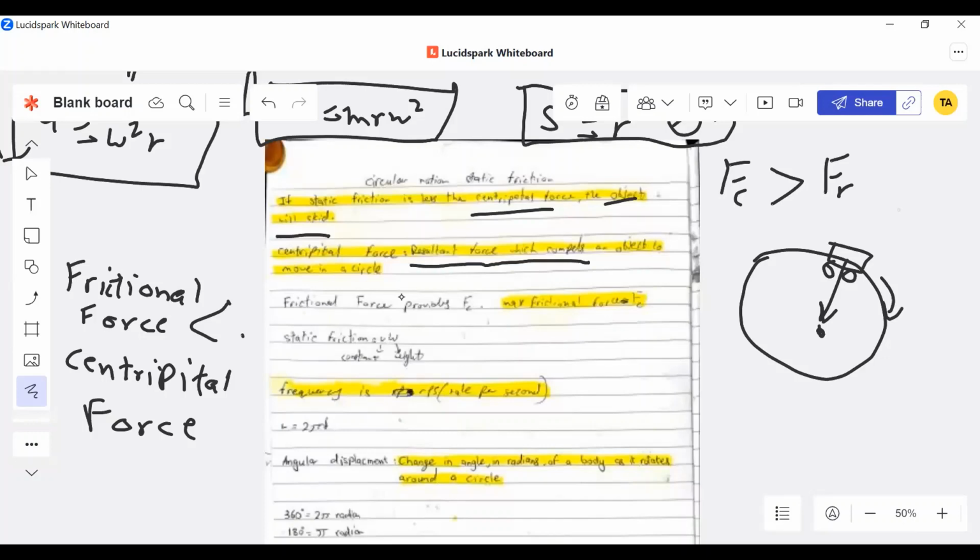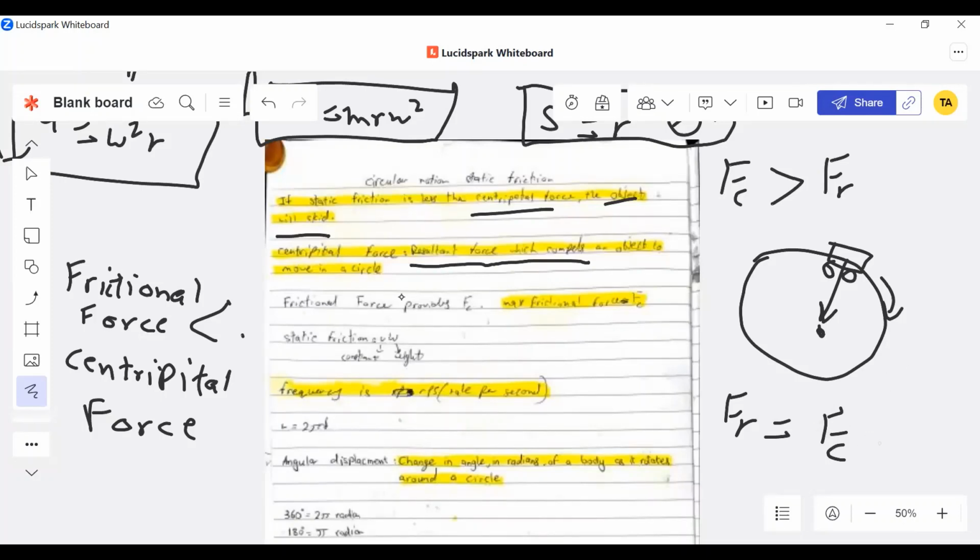Both are the same thing. So centripetal force should be greater than frictional force or resistance force so that the object will keep rotating in a circle. Now, always the frictional force provides Fc. So when an object rotates, the frictional force Fr is always equal to the centripetal force Fc.